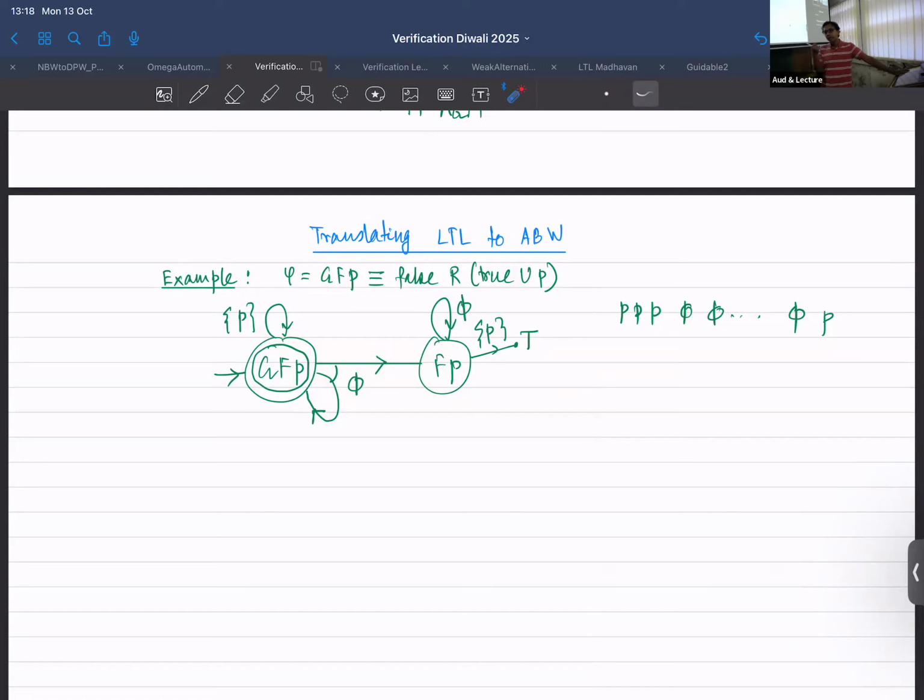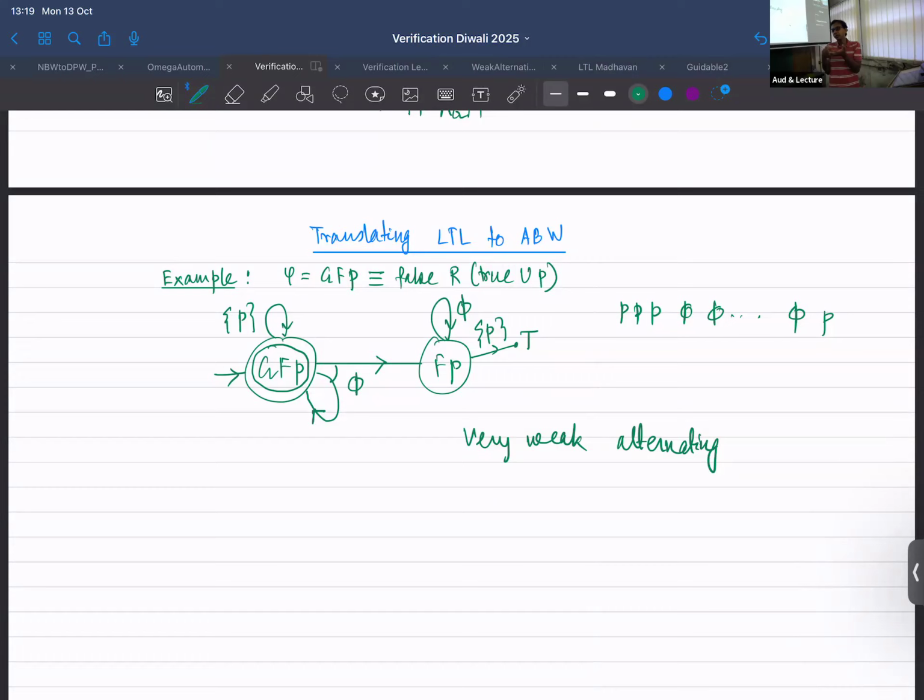Okay, so this kind of automata are called very weak alternating automata. So these alternating automata that we are generating are called very weak alternating automata. Why is it weak? In the weak case you can partition the states: each is either a subset of alpha or disjoint from alpha, right?